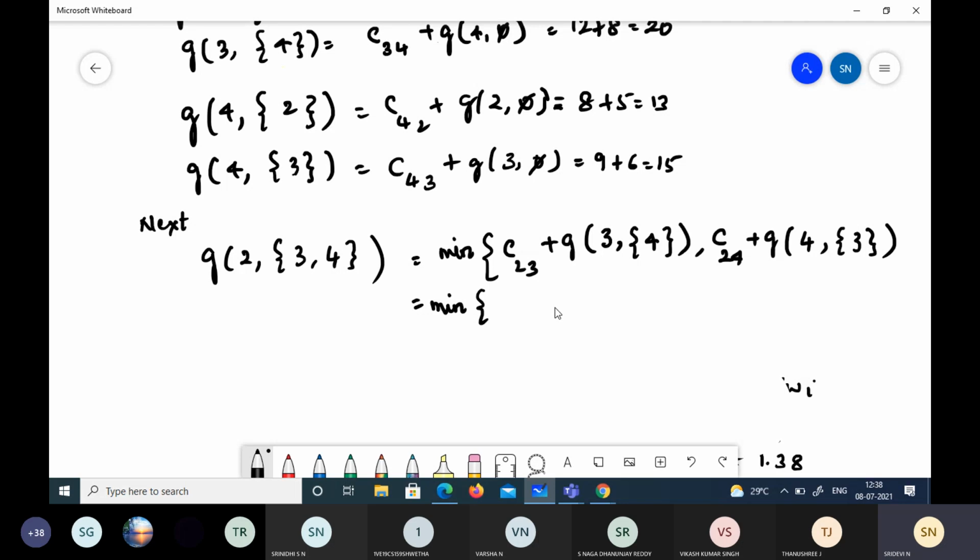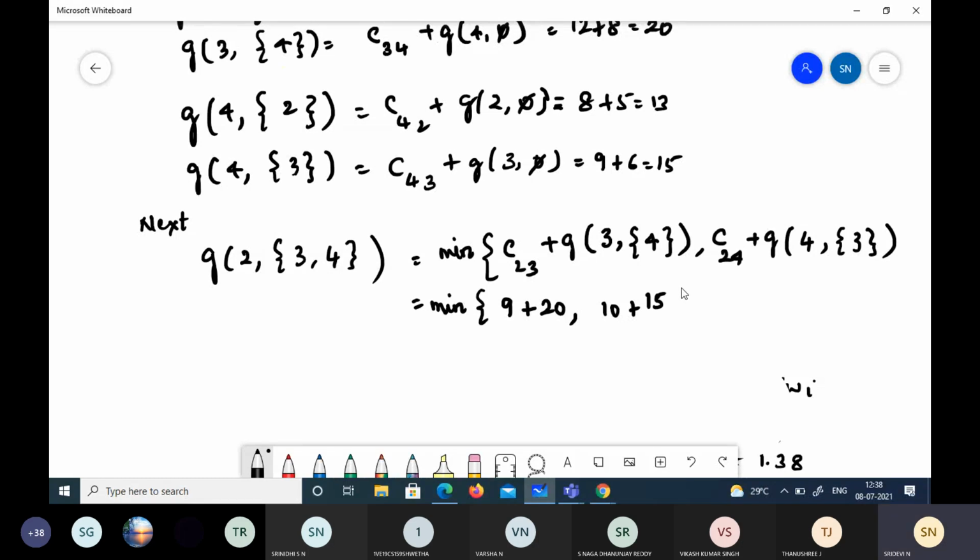C of 2 3 is how much? 9. C of 2 3 is 9 plus G of 3 comma 4, which is 20. And C of 2 4 is 10, plus G of 4 comma 3, here we have 15.